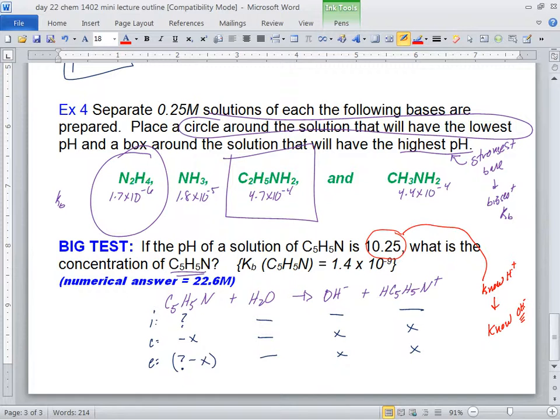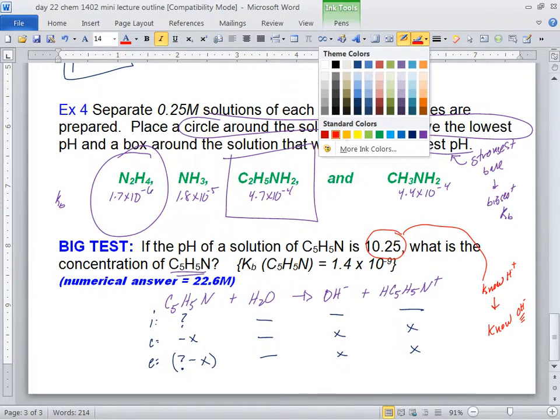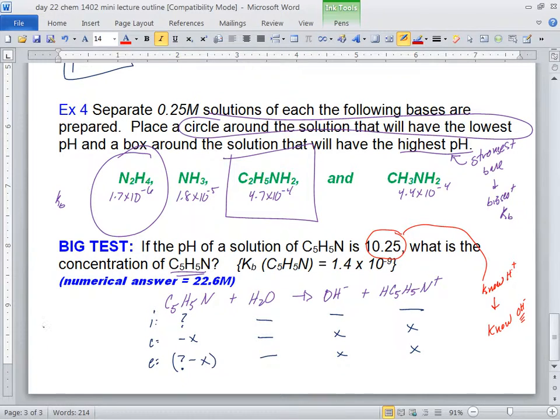See what I'm saying? Now I would set up the KB expression. 1.4 times 10 to the negative 9 is x squared all over question mark.